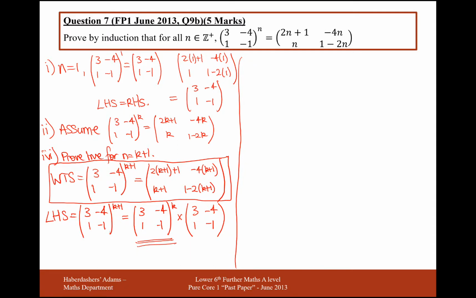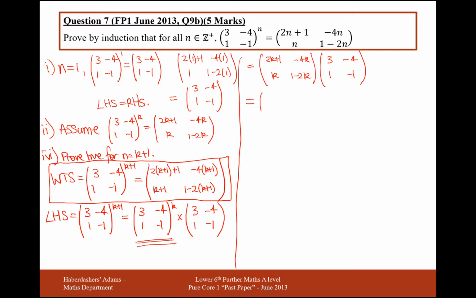So this is going to therefore equal (3, -4; 1, -1) to the power of k, which is the same as our assumption matrix, (2k plus 1, minus 4k; k, and 1 minus 2k), and then times it by our matrix, (3, -4; 1, -1).